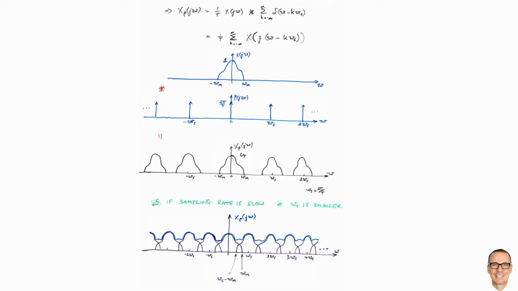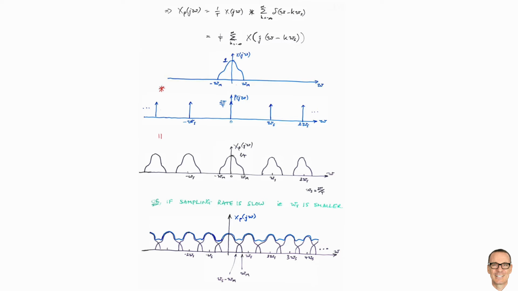In the frequency domain, if they're overlapping like this, then it's not possible to recover the original signal. That would be an indication that you have sampled too slow, because your omega s was too small. So your sampling rate was too slow.